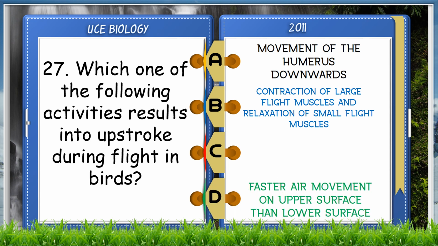C. Contraction of small flight muscles and relaxation of large flight muscles. D. Faster air movement on upper surface than lower surface. Answer is C. Contraction of smaller flight muscles and relaxation of large flight muscles.